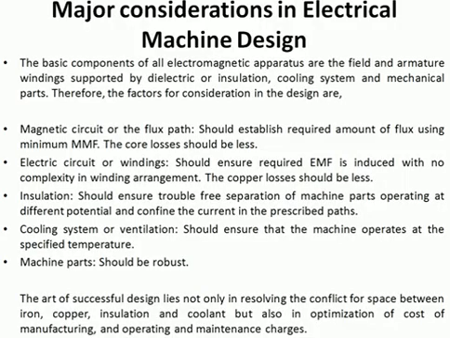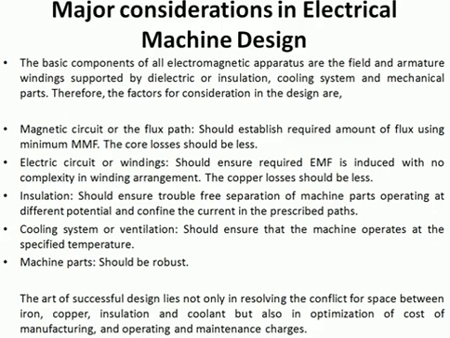Let's look into the major considerations in electrical machines design. First is the magnetic circuit. If you are looking into the design of the magnetic circuit, you must ensure that you can easily produce the required amount of flux using the minimum value of MMF.